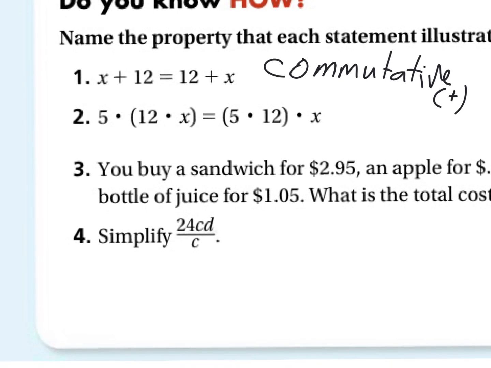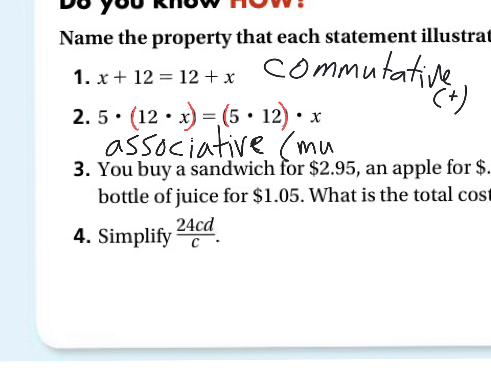Number 2. So we had over here, parentheses around 12 times x. Over here, parentheses are around the 5 times 12. So that would be the associative property. We changed the grouping. Okay, so associative property of multiplication.